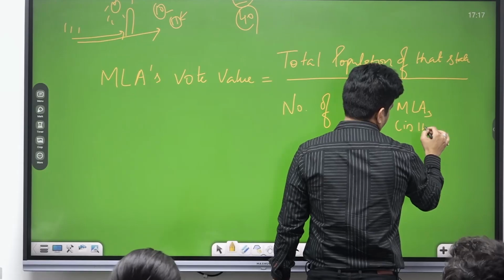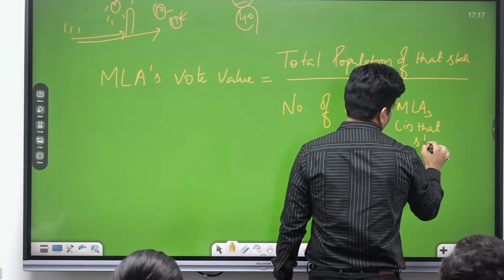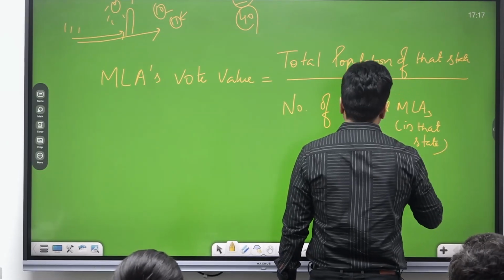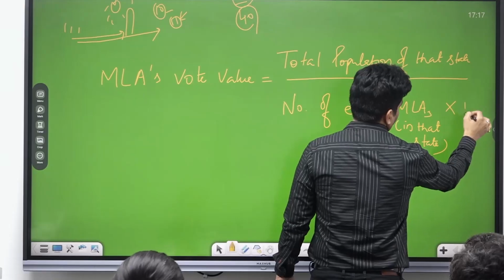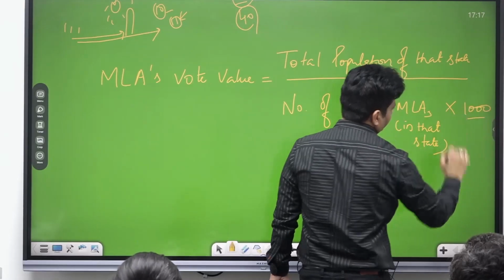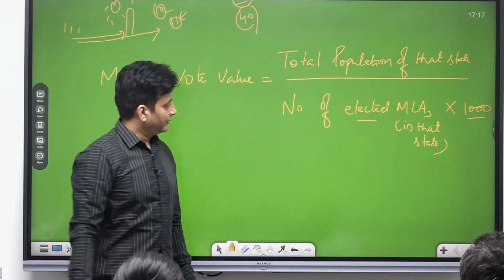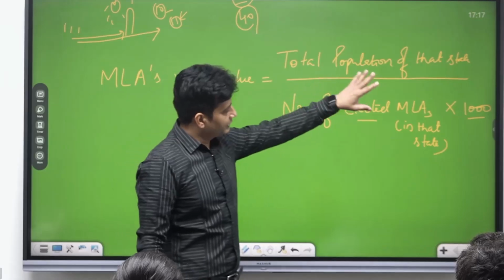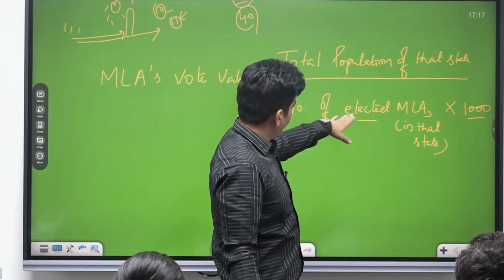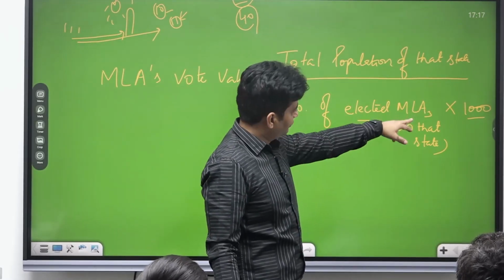Okay, it's not that you will bring from the neighbouring state as well. In that state, into 1000, right? Total population of that state divided by number of elected MLAs, into 1000.